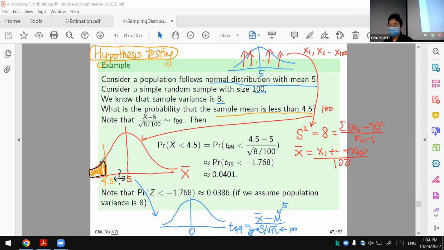The main idea is you have some hypothesis from a client or manufacturer, and you have the data, and you see whether the data is too unlikely to support the original claim. If it is too weak to support, then you would say, I will not accept that it's 5.